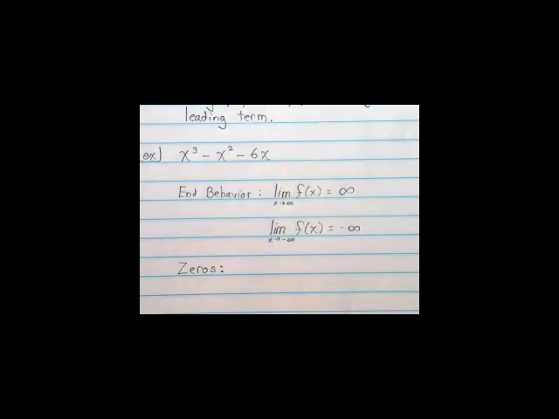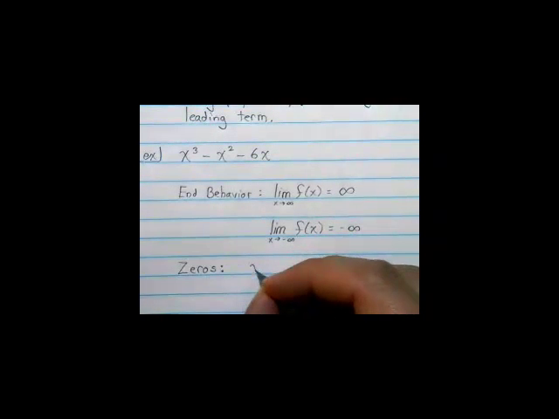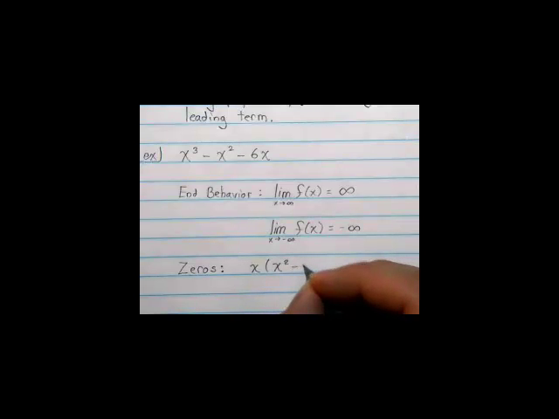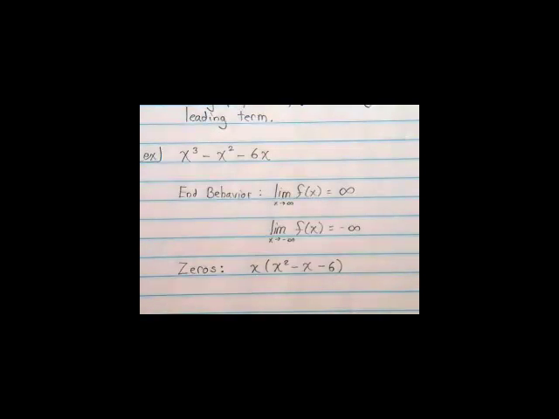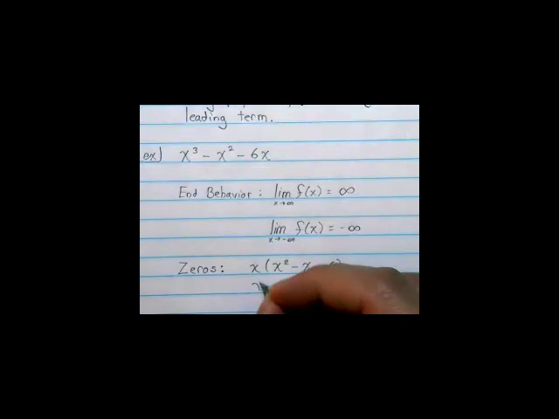X. So if we take an x out first, then what we're left with, x squared minus x minus 6, is something that you can further factor. That's a quadratic that you guys can factor. What two numbers add to -1 but multiply to -6? -3 and 2.